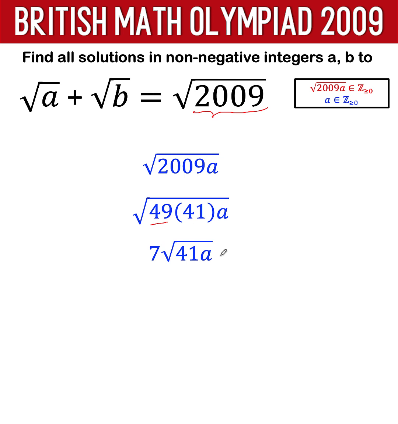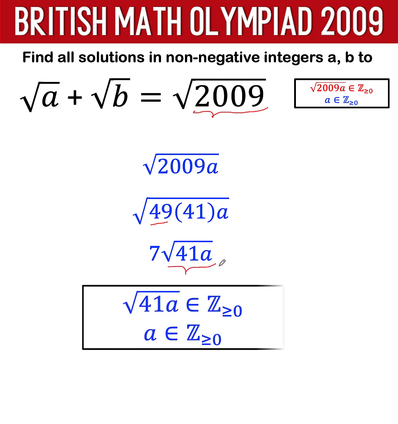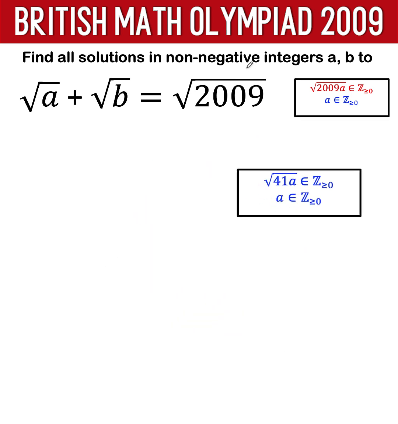This entire expression must be a non-negative integer. 7 is a non-negative integer. This implies again that the square root of 41a must be a non-negative integer so that this entire expression satisfies the condition that it is an element of the set of non-negative integers. So let's remember again this condition.